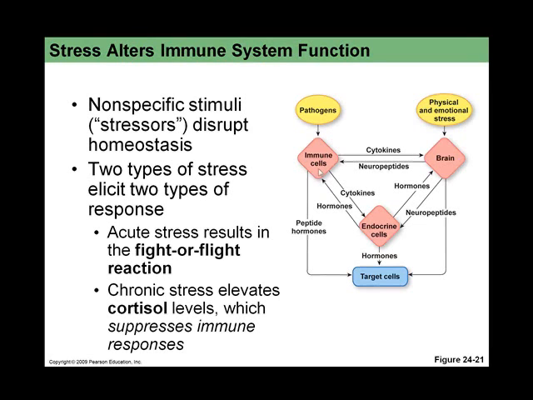But we also remember that it's a steroidal anti-inflammatory, so there's an inhibition of the immune system by the adrenocorticosteroid. So that's part of the acute, and then there's the chronic stress that elevates the cortisol levels over a period of time, and that suppresses the immune responses.